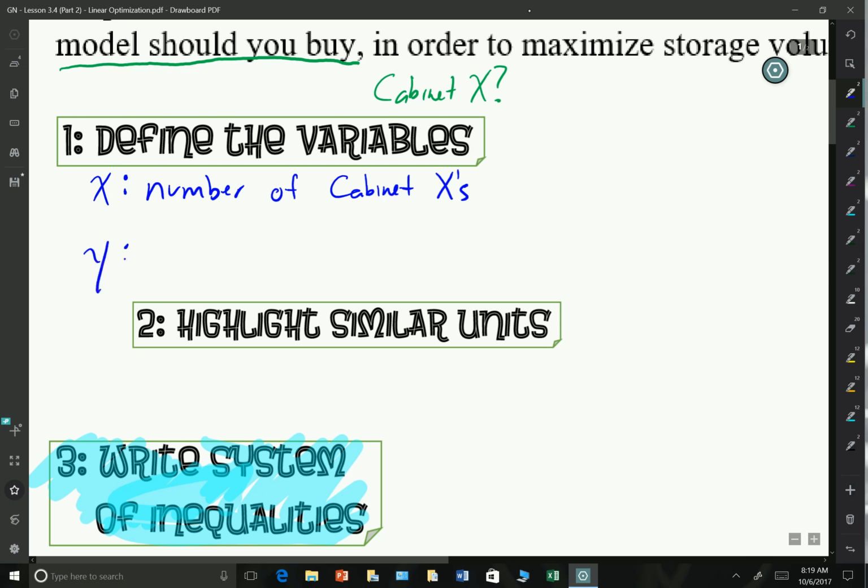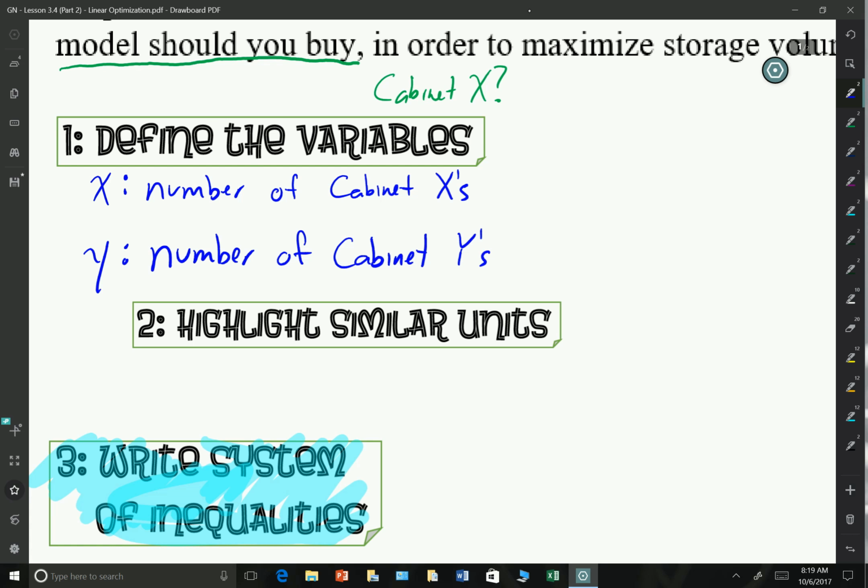Y. The number of cabinet Y's. So we don't have to pick it out of nowhere. It just tells us. What are you trying to find? We're trying to find how many cabinet X's and how many cabinet Y's we should buy. So those are our variables. So the problem even tells us how to define our variables.